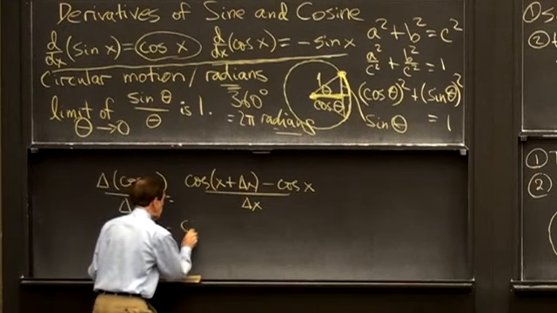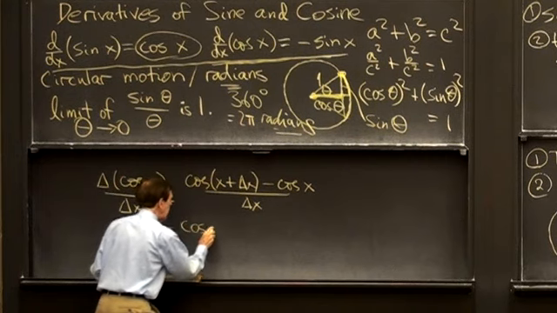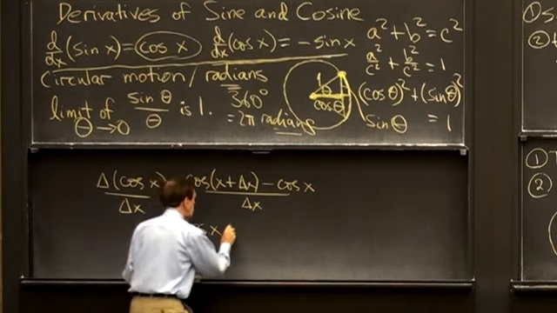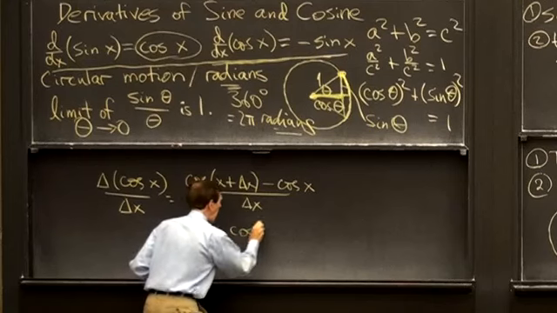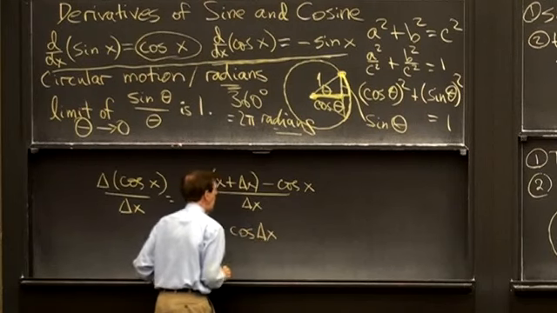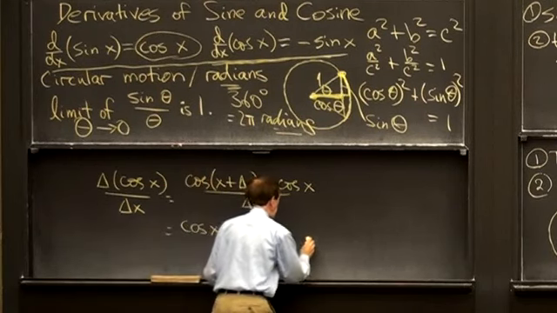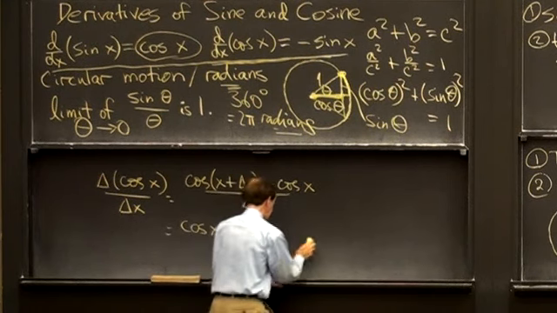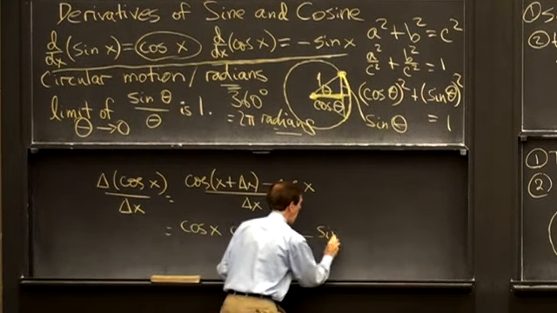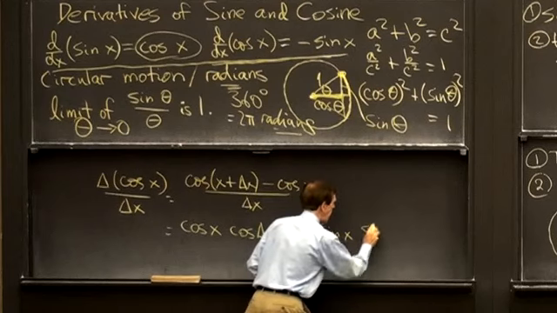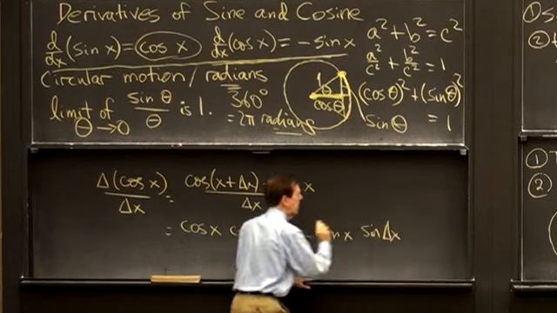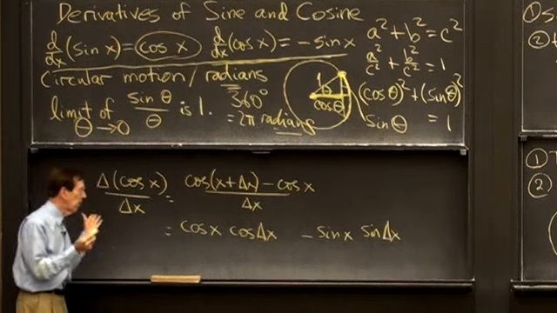That's cosine. Now, let me try to remember it. It's a cosine times a cosine for this guy, plus a sine, minus a sine times a sine. That's the formula that we all remember and go to sleep with.